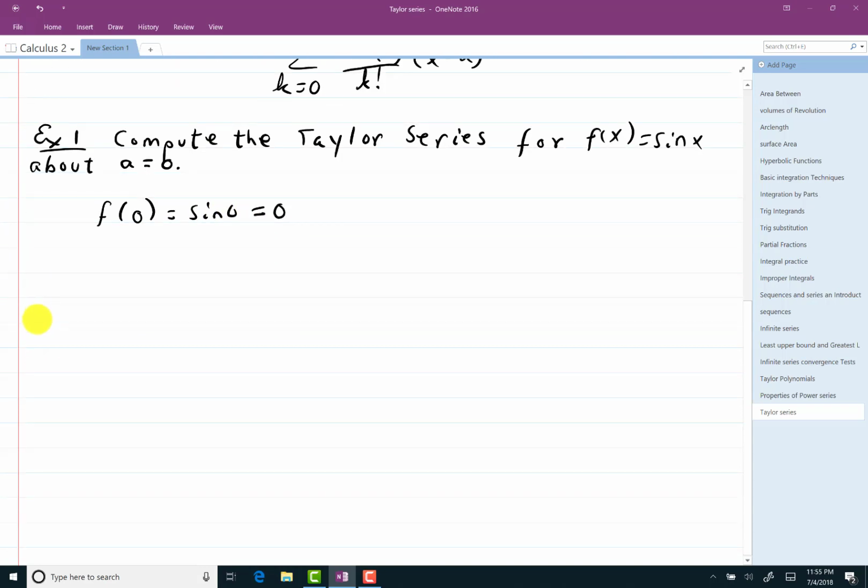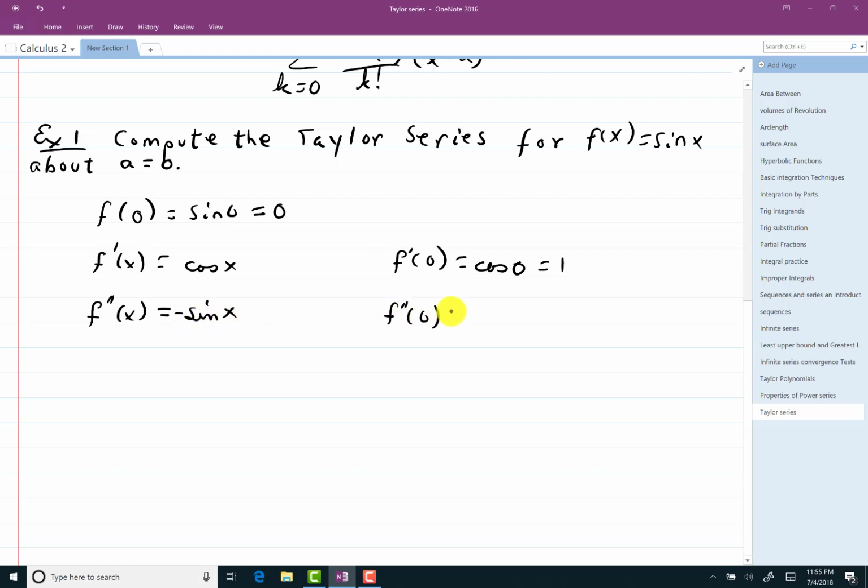Now we start taking derivatives. f prime of x equals cosine of x, and so f prime of 0 is cosine of 0, which equals 1. And then f double prime of x, this time will equal negative sine of x. And then f double prime of 0 equals negative sine of 0, which is still 0.